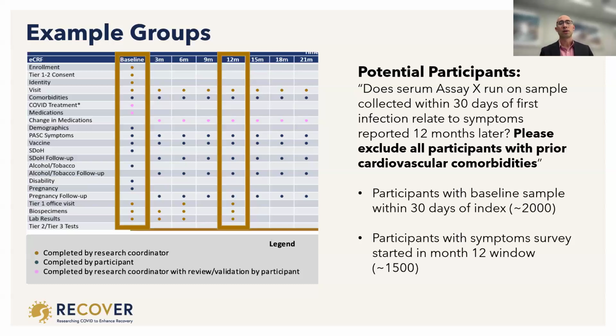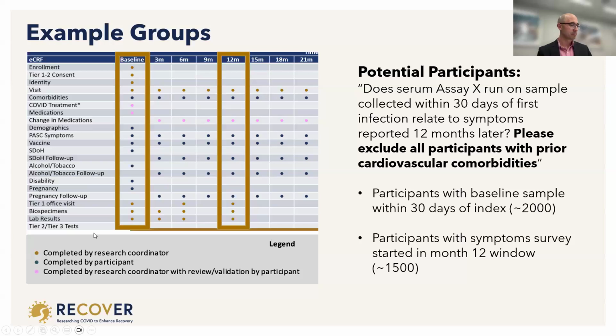And then we have to exclude all participants with prior cardiovascular comorbidities. We have a comorbidities form that asks about this. So after making that exclusion, the sample number goes to 2,000 and the 12-month surveys to use for follow-up go to 1,500. So our analysis count is down to 1,500.